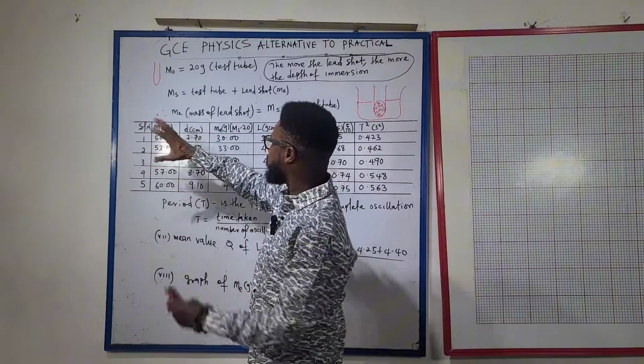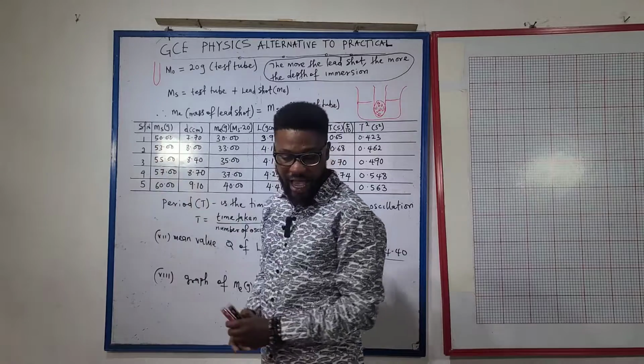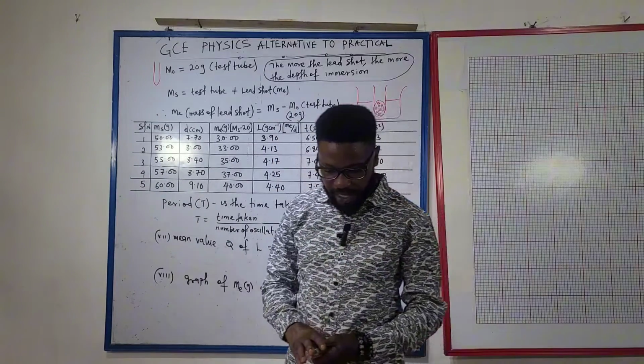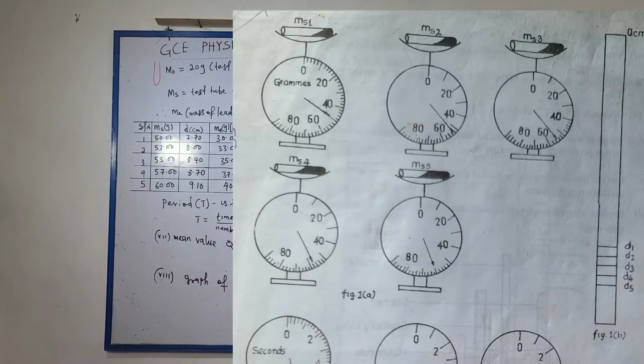So when the mass of the whole setup was 50 gram, as you can see on display, figure 1b, measuring from the 0 centimeter mark, the depth D1 is 7.70, the depth D2 is at 8. When the mass is 55, the depth is at 8.4. When the mass is at 57, it's at 8.70.